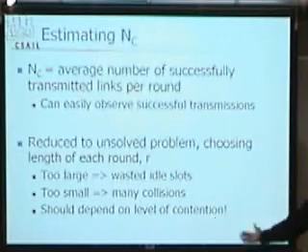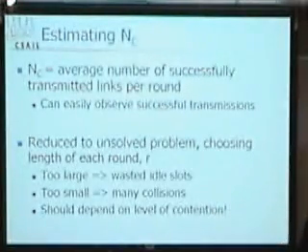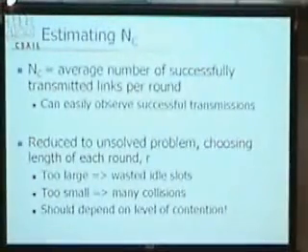I'm going to show you how to adjust the round based on whatever you see. And if everybody observes the same traffic condition, which they would, then everybody will estimate approximately the same round size. Does that answer your question? Okay.